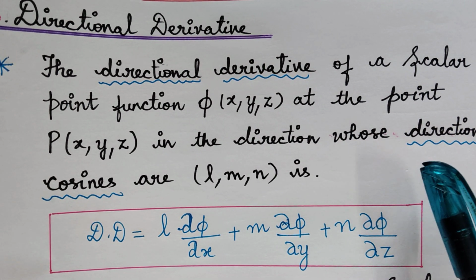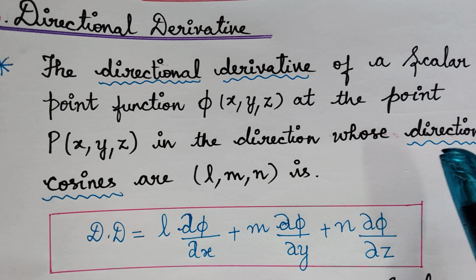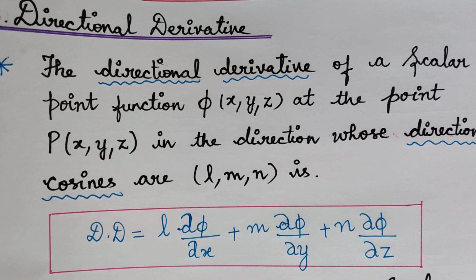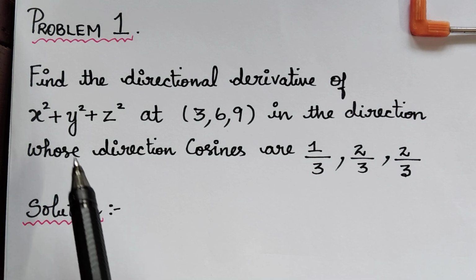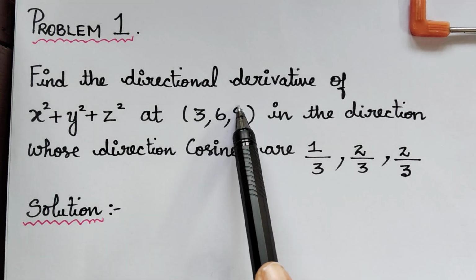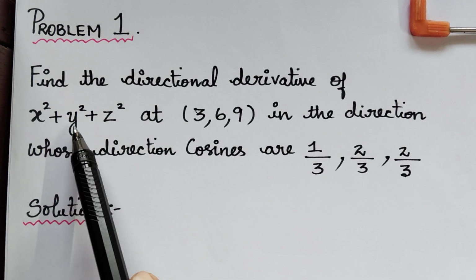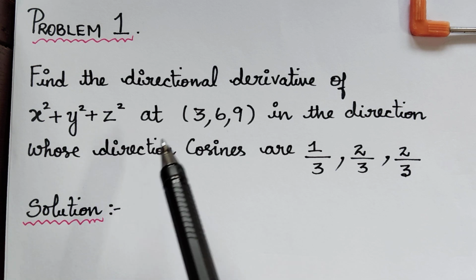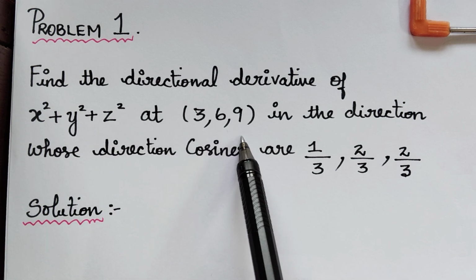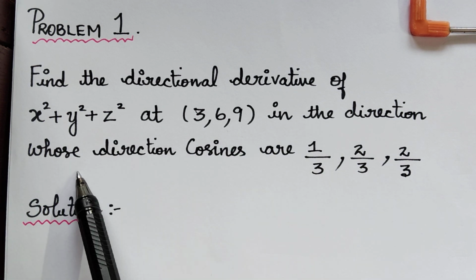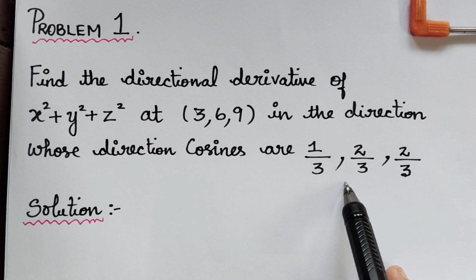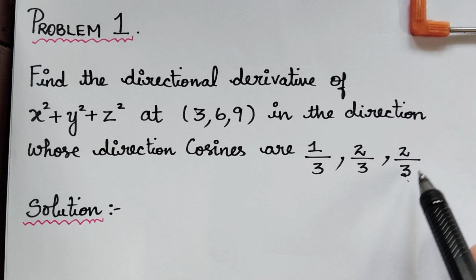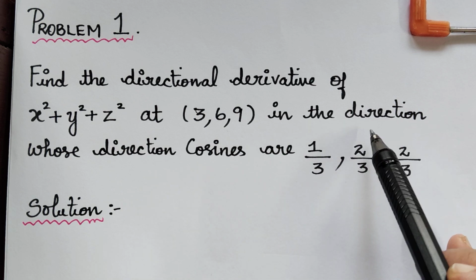Let us find the directional derivative whenever the direction cosines are given. Here we have the first problem under this topic. Find the directional derivative of x square plus y square plus z square at the point (3, 6, 9) in the direction whose direction cosines are 1 by 3, 2 by 3 and 2 by 3. Now here the direction cosines are given.